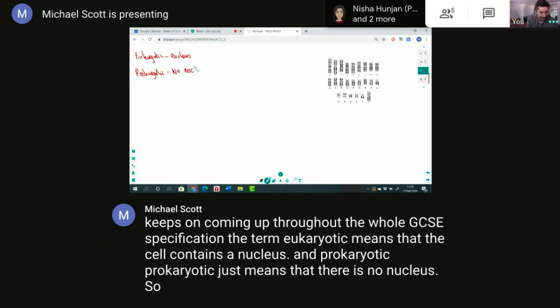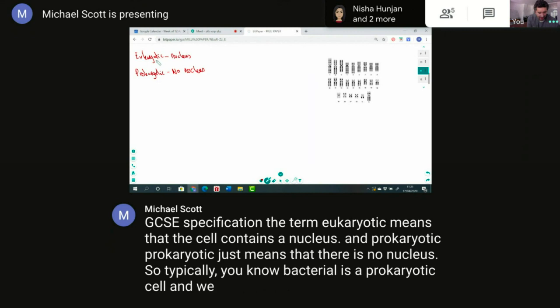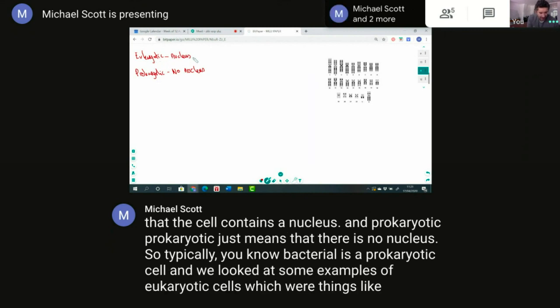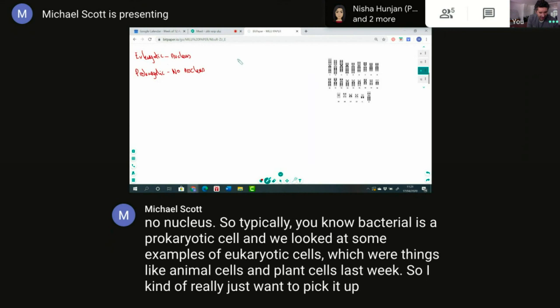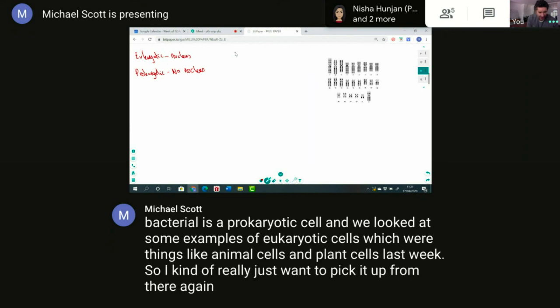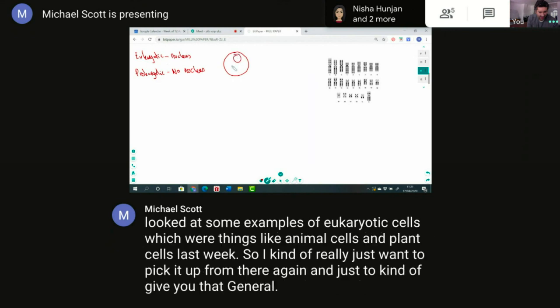So typically, bacteria is a prokaryotic cell, and we looked at some examples of eukaryotic cells, which were animal cells and plant cells last week. I just want to pick it up from there and give you the general structure of an animal cell.